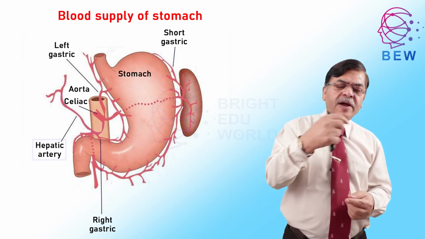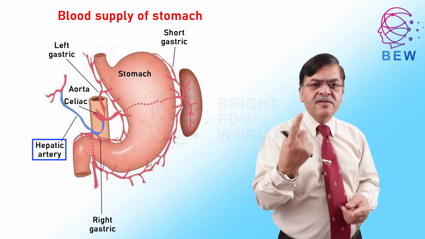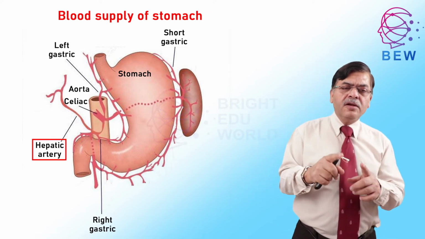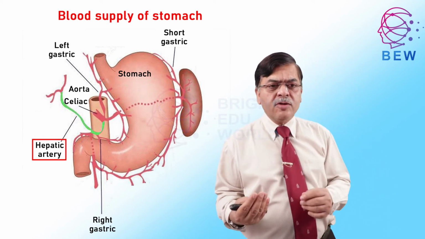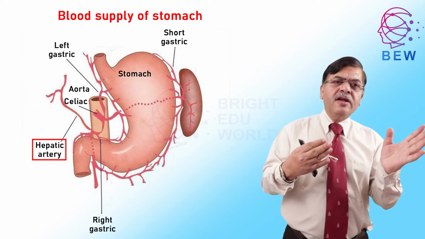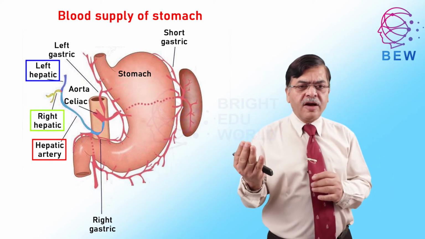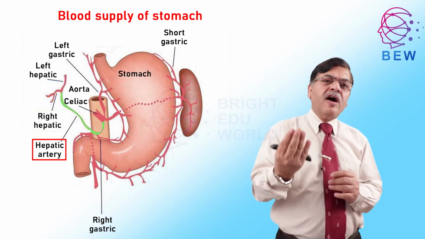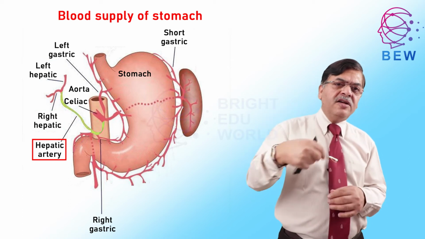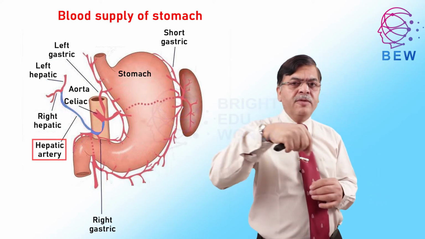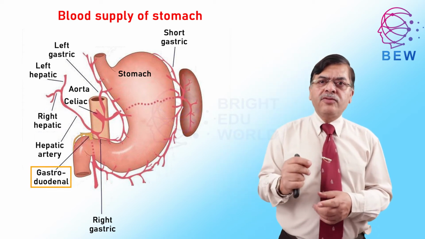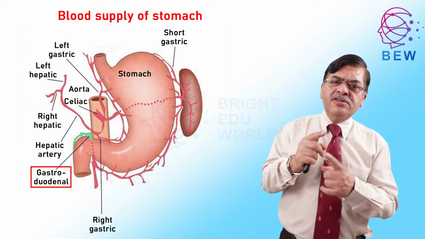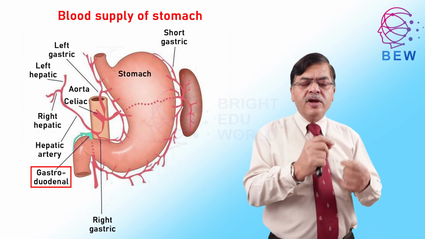Now this hepatic artery goes and supplies the liver. It goes into the free border of the lesser omentum, then divides into right hepatic artery and left hepatic artery. But before it curves up towards the liver, at that turning it gives rise to one big branch called the gastroduodenal artery. Gastroduodenal means it supplies both the stomach as well as the duodenum.